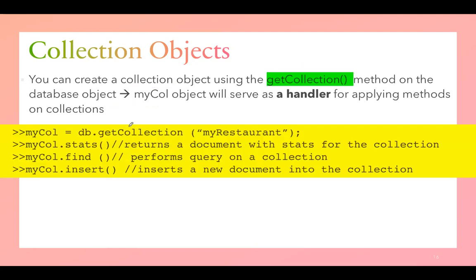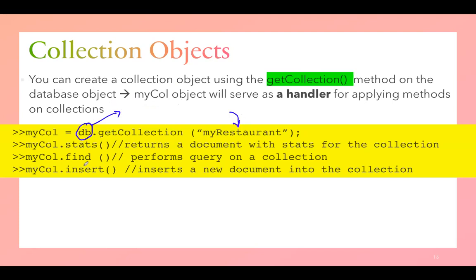Pretty simple. The first thing you have to do is this: DB is a database object. We know how it is created. Then you use this path expression, db.getCollection, for example myRestaurant. Your table name is myRestaurant, and this time it will be your collection name.